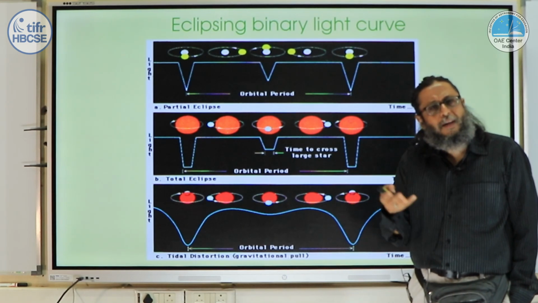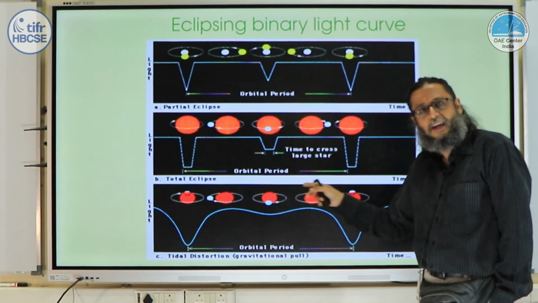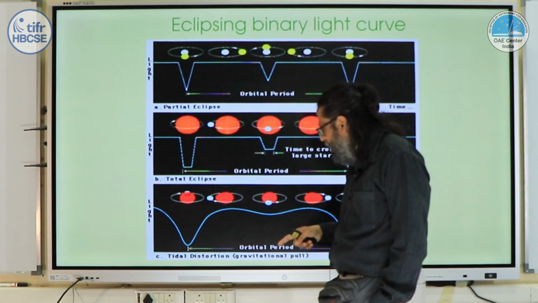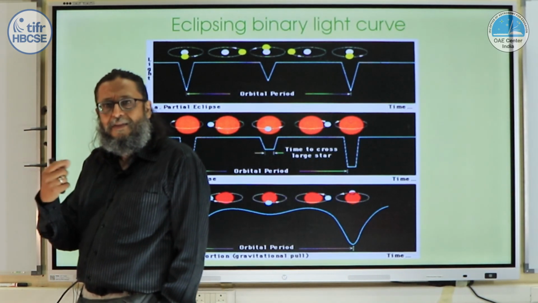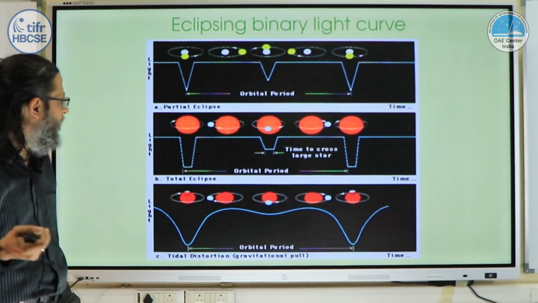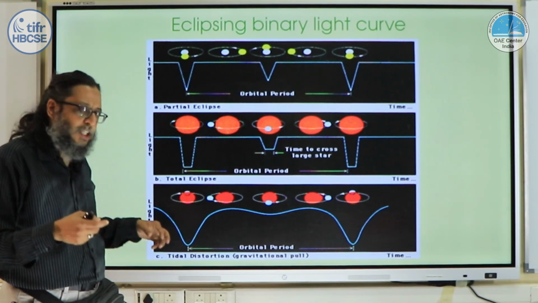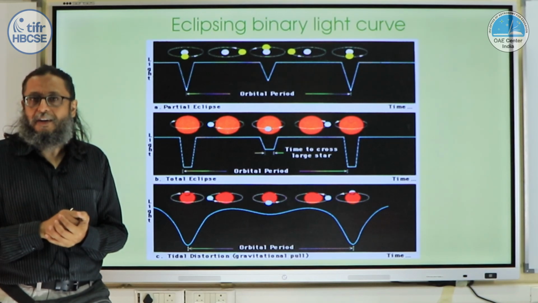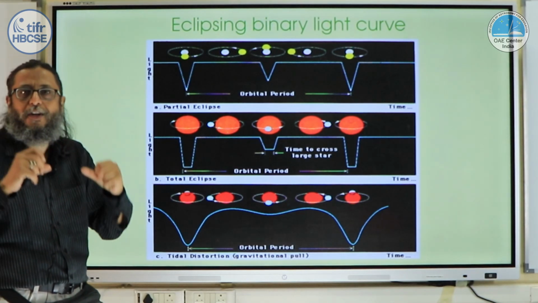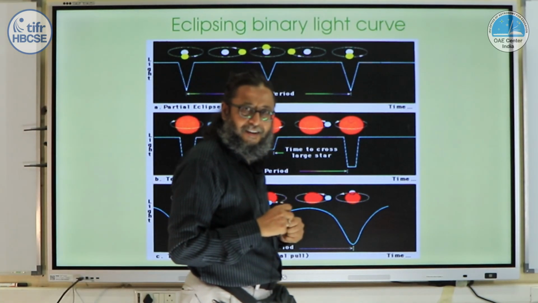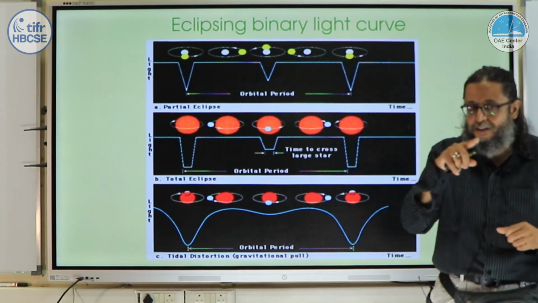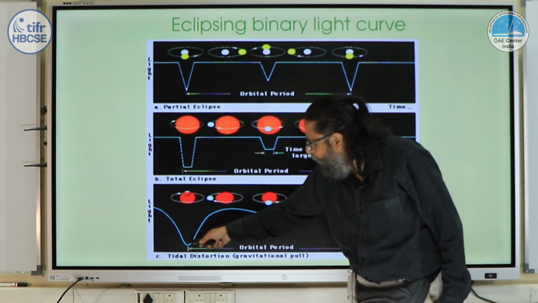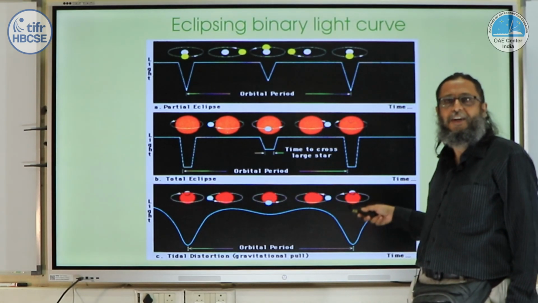Then there are many other effects also seen in eclipsing binaries. For example, here you can see that tidal effects cause distortion in the shape of the star. It deviates from being a spherical shape. This deviation from the spherical shape can be seen in the nature of the blocking of the stars.